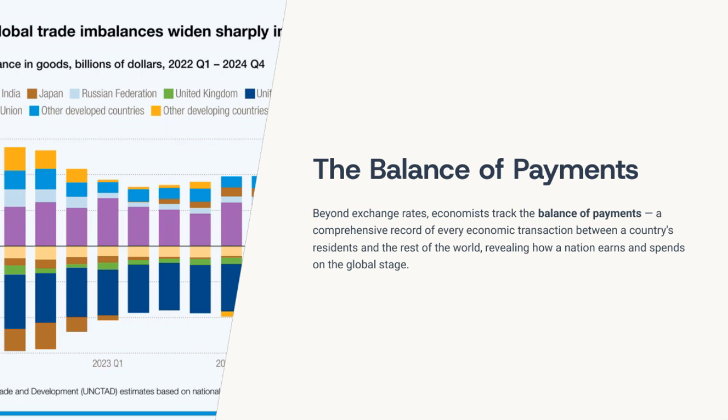The idea is that it shows us how a nation earns its money from the global economy and how it spends or invests that money abroad. By analyzing this record, we can get a clearer picture of a country's economic health and its relationships on the world stage. Understanding the balance of payments helps us see beyond the surface of exchange rates and get to the bigger picture of a country's economic interactions worldwide.